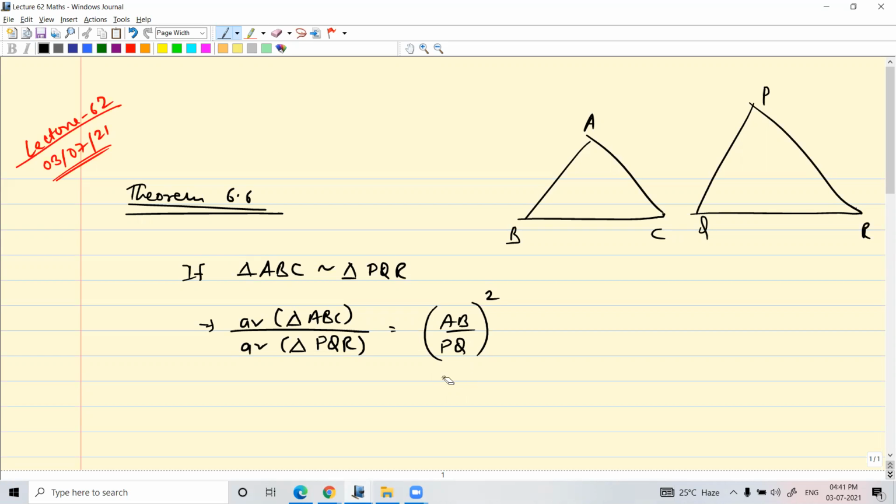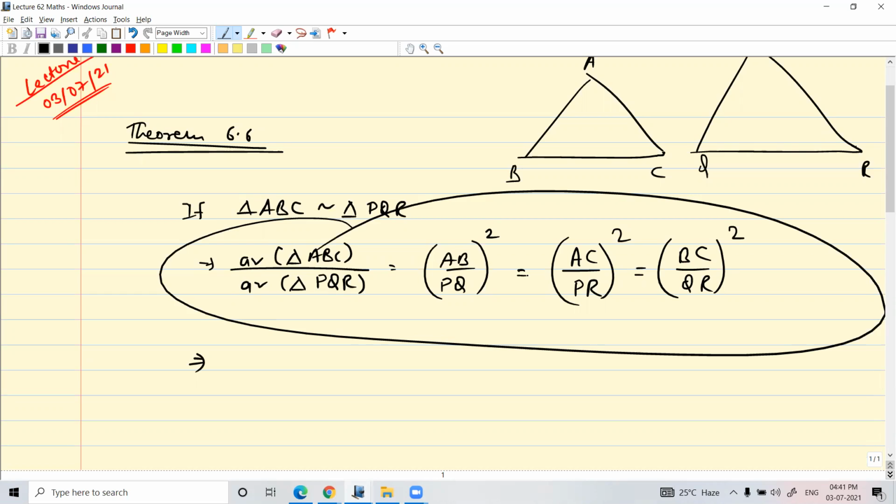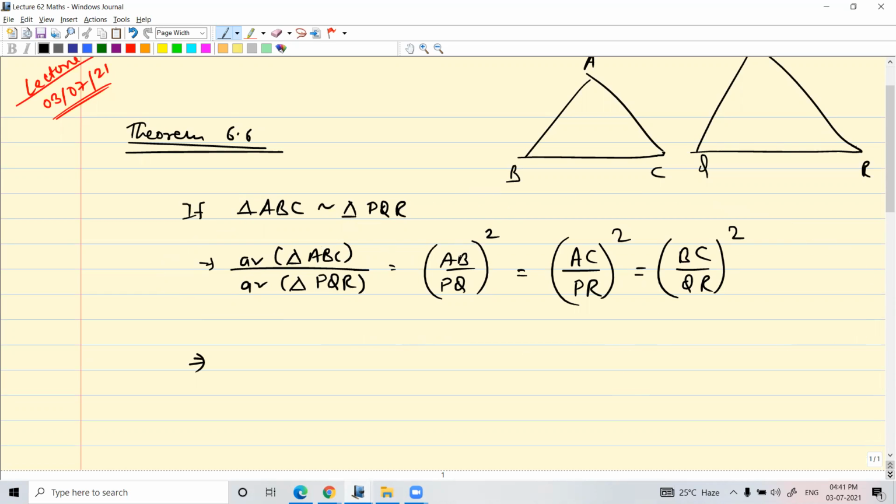But we know that AB by PQ is also equal to AC by PR, so we can write it as this ratio also, and we know that that is also equal to BC by QR, so we can write it as a square of that also. Okay, that is what this theorem tells you. Straightforward, simple.